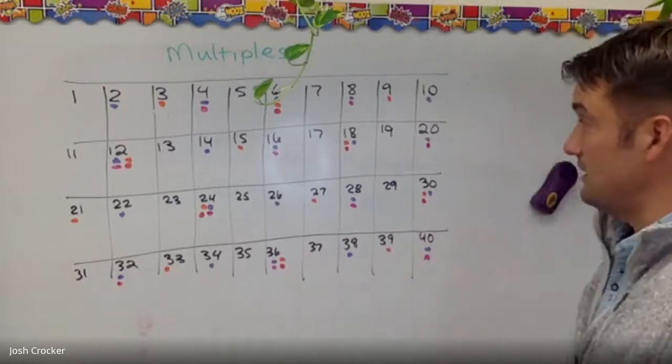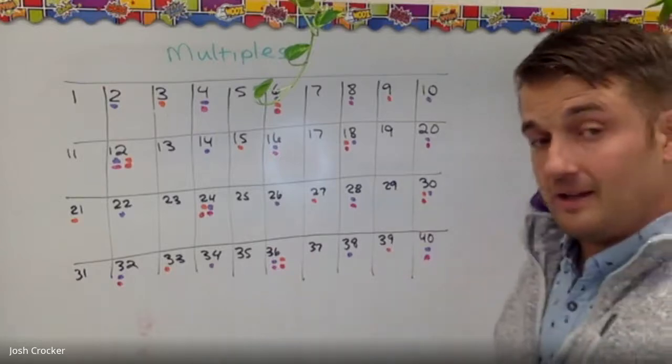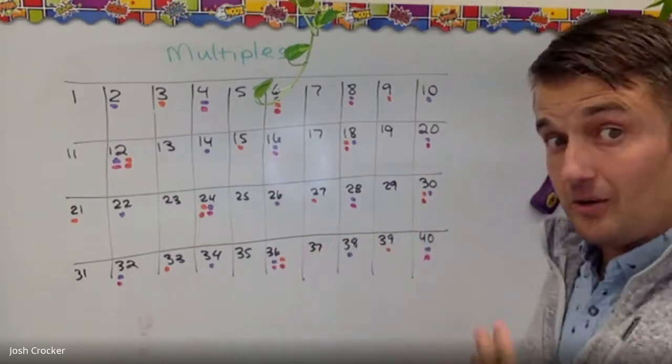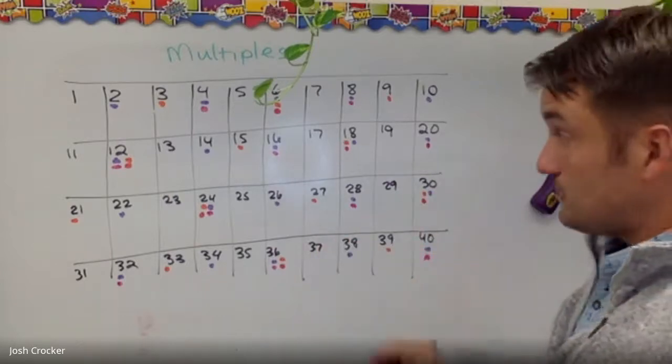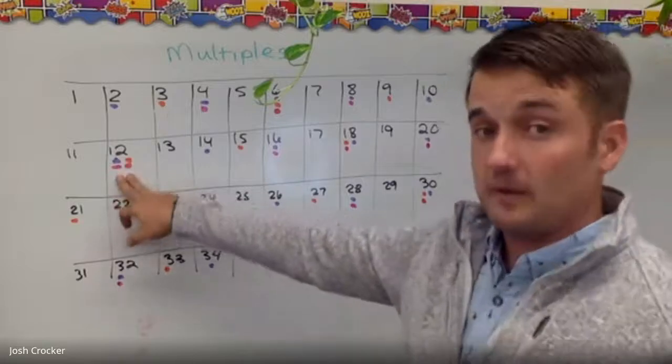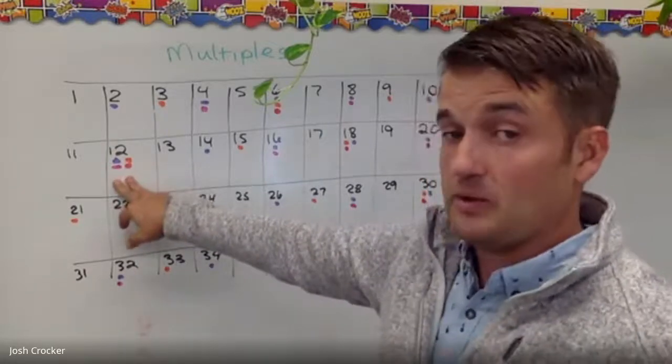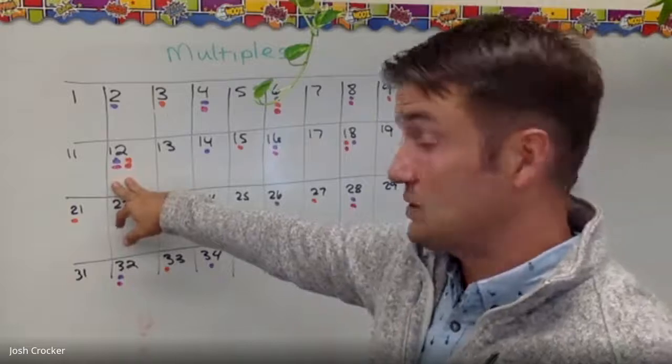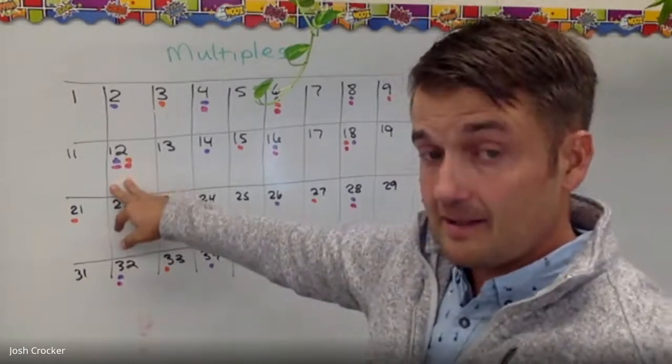And we can also see that there are a few numbers that 2, 4, 3, and 6 all go into. So 12, for example: 12 is a multiple of 2, 12 is a multiple of 4, 12 is a multiple of 3 and 6.